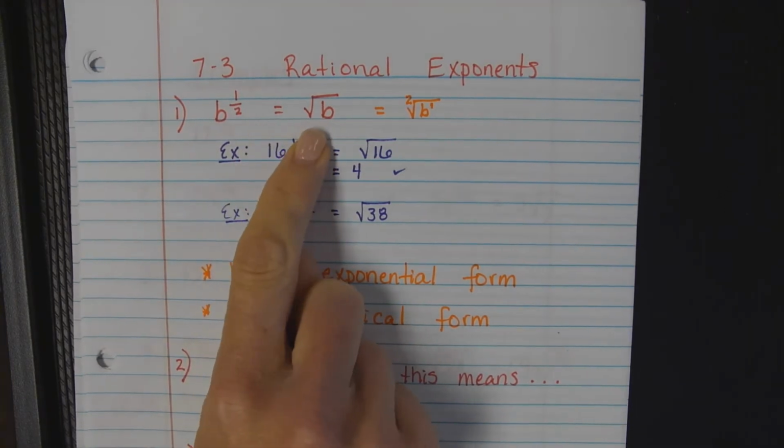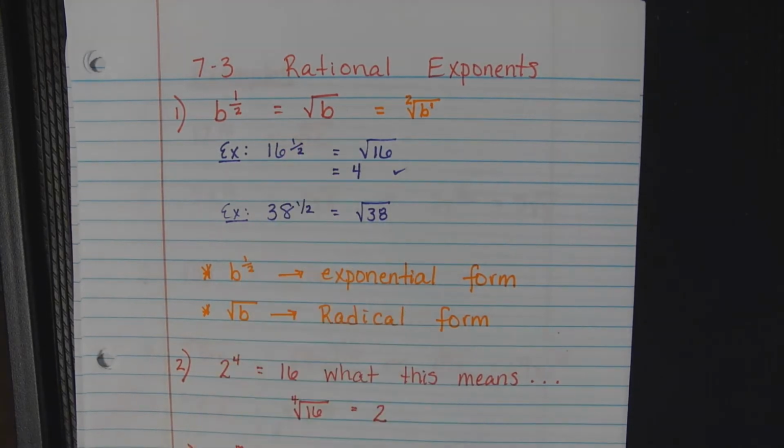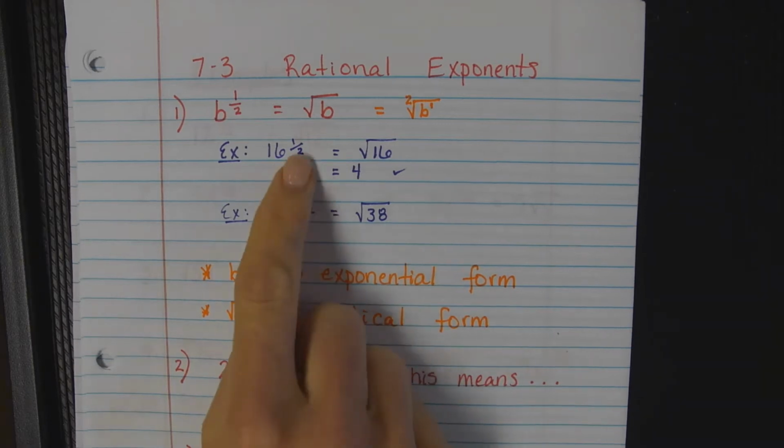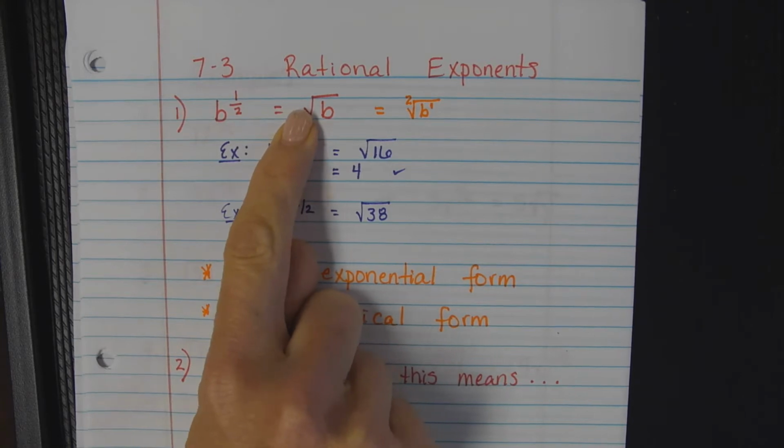You know this to be read as the square root of b. Am I right? Y'all have seen this before. This is very familiar. Reading this, you hear yourself saying the square root of b, right? Do you hear the word square? It is understood that the 2 is there too. We don't write it though.